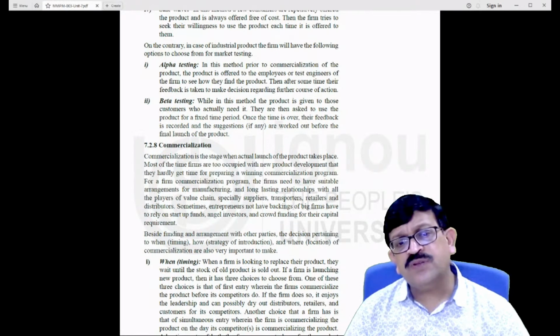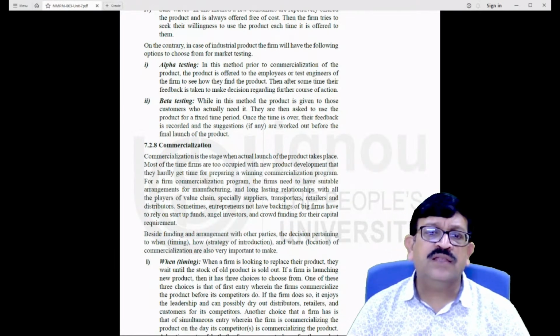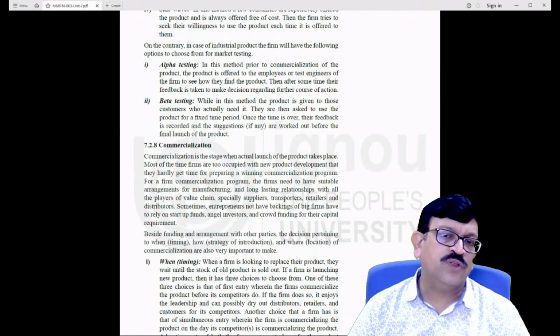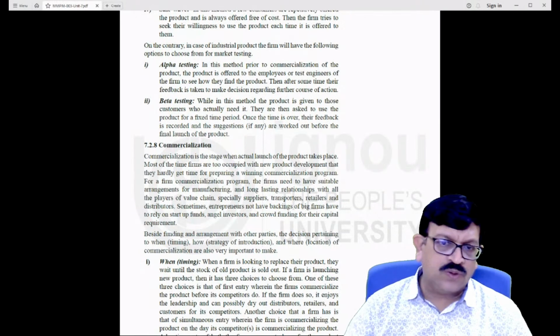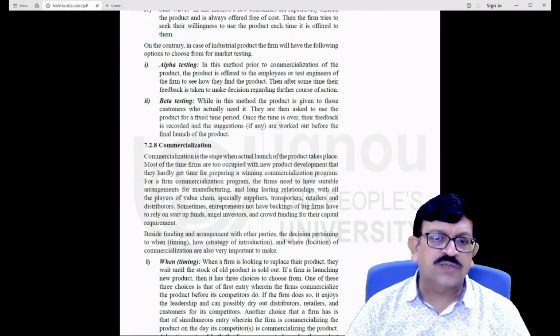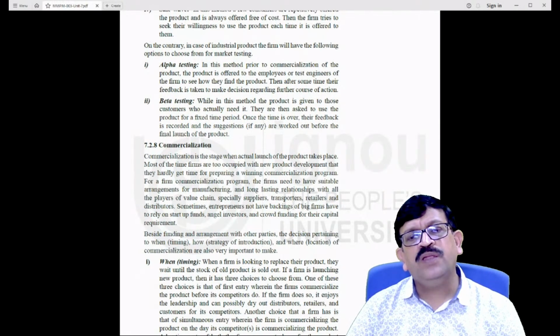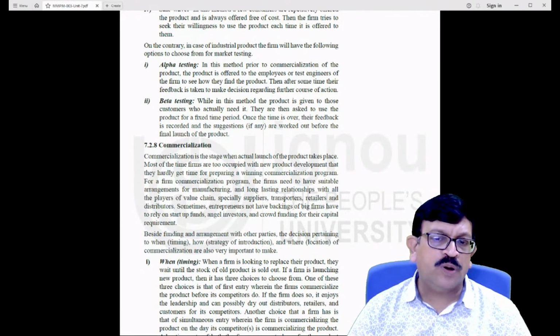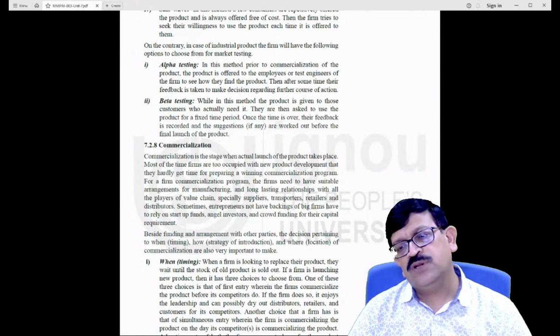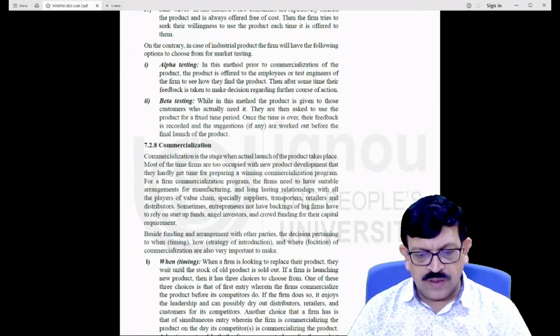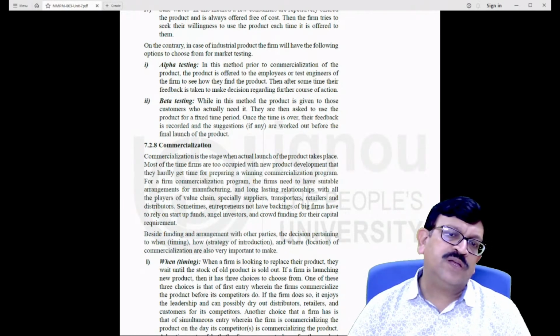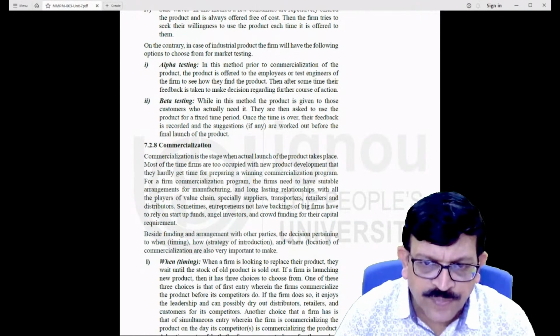Now, there are a few things one needs to understand regarding commercialization. First is when you would go for the product launch, how you would go for the introduction, and which locations it would be made available in. A case in point is when KFC launched in India.